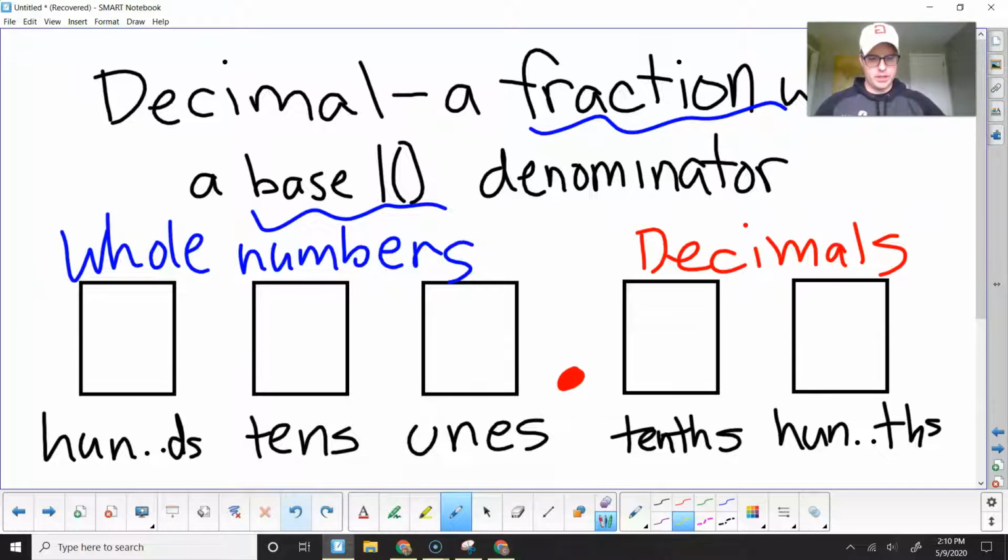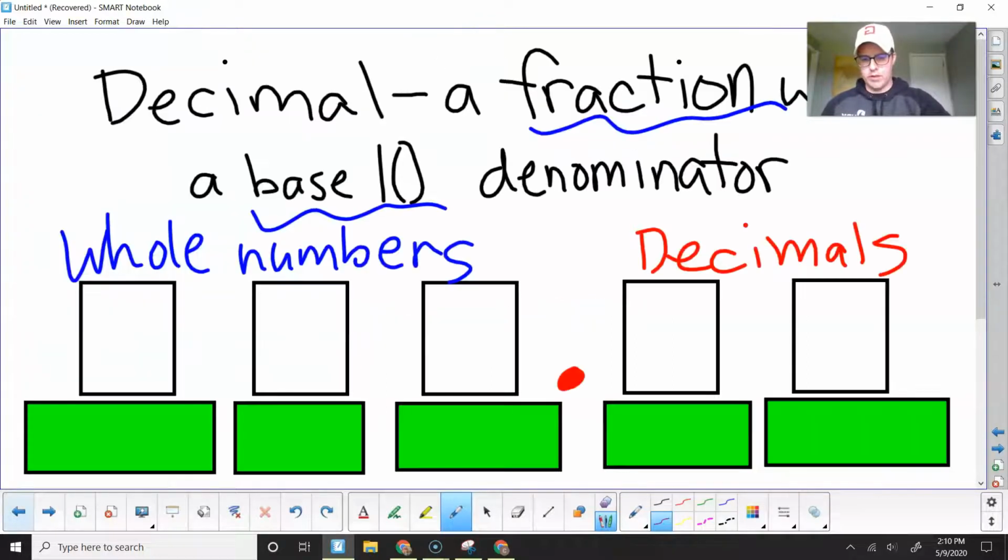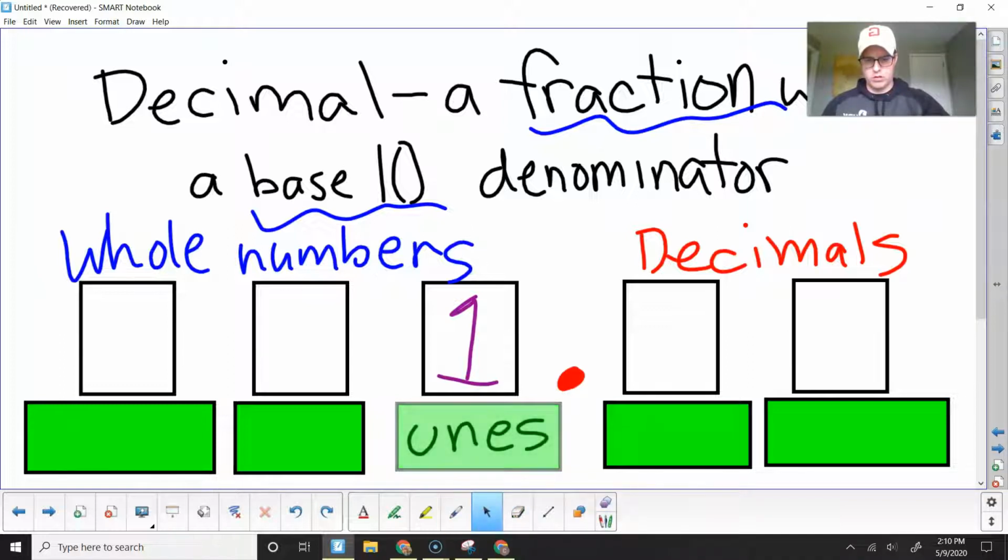So let's take a look at my models. So let's just assume that this blue square right here equals 1 whole. So if I were to go back, that would be right here, this place value, 1 whole.